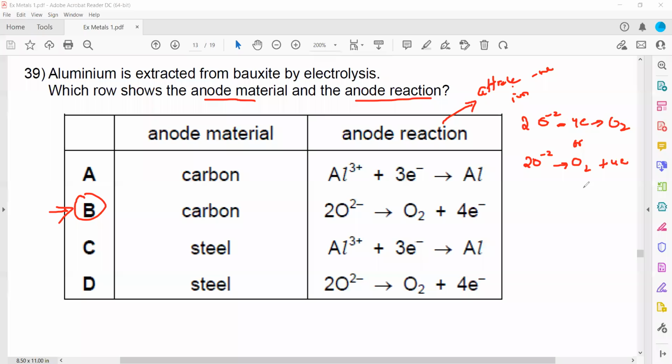Whenever something loses electrons, we call that oxidation. So oxidation happens at anode and reduction happens at cathode. Anode and cathode are made up of graphite, and at the anode the negative ions are always attracted.